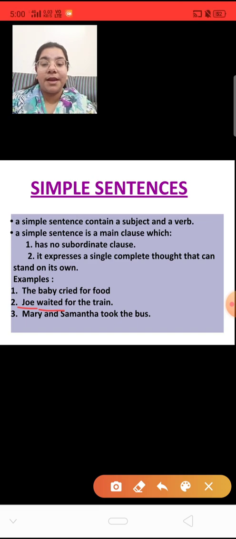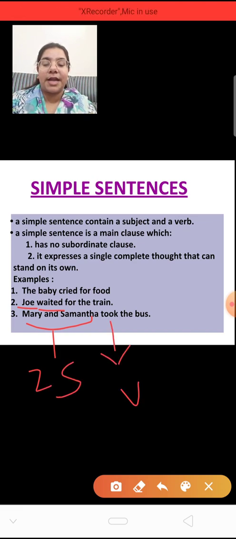Here we have two subjects, and took is the verb. That means again it is complete in itself because subject and verb combination is there. This is your simple sentence, which we can also say is a main clause.